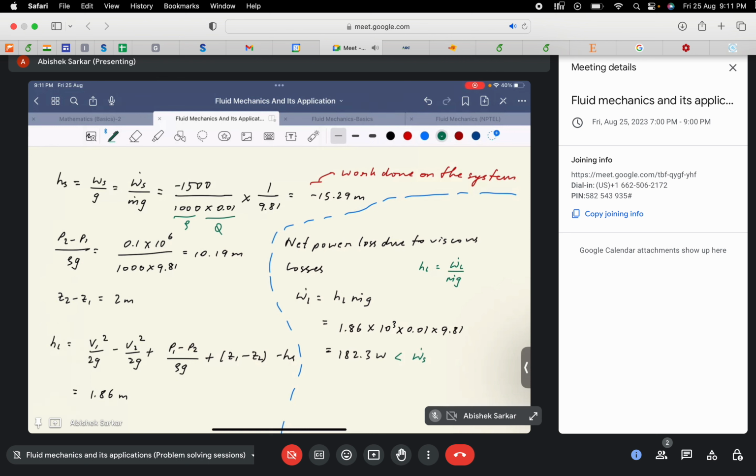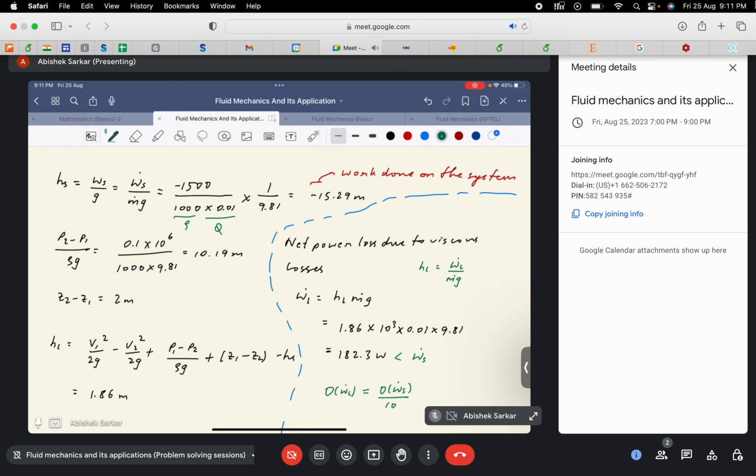We can verify this: it is in fact of the order of 1/10 of the shaft work. So the order of W dot L is equivalent to the order of W dot S by 10.